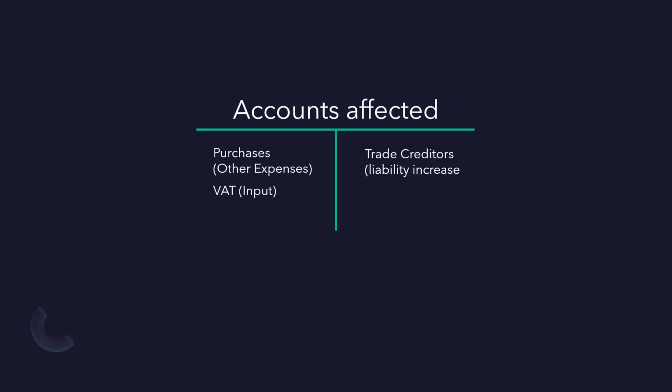The trade creditors account is updated from the Creditors Journal, as well as the purchase amount or other expenses. The affected accounts are: you debit the purchase account, you also debit VAT input, and you credit the trade creditors account, because we know that this is still a liability for us.